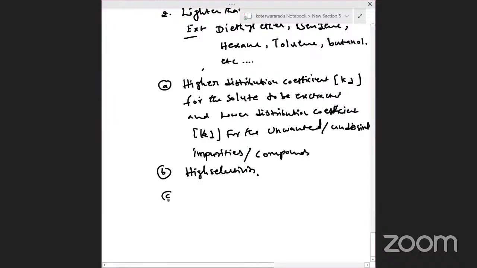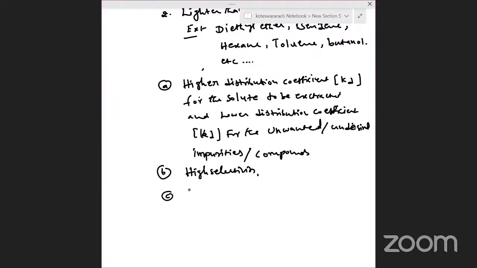Next, the third one: immiscible, with very low solubility. My priority, not only mine, any chemist's priority, is that the extracting solvent should not dissolve in the solution of the solute. That means the solute is dissolved in some other solvent in the solution.